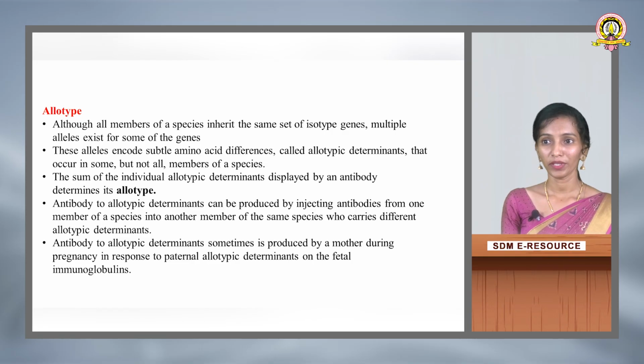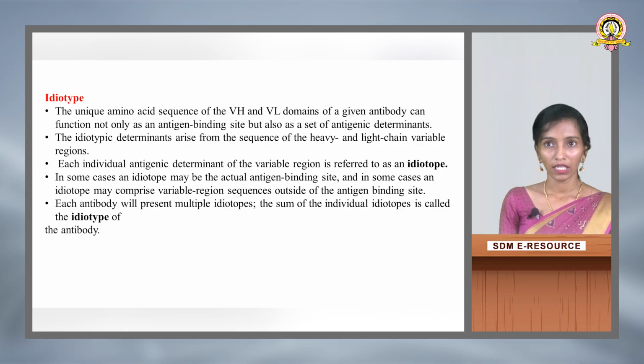Antibody to allotypic determinants can be produced by injecting antibodies from one member of a species into another member of the same species who carries different allotypic determinants. Antibody to allotypic determinants is sometimes produced by the mother during pregnancy in response to paternal allotypic determinants on the fetal immunoglobulin. The next is idiotype.